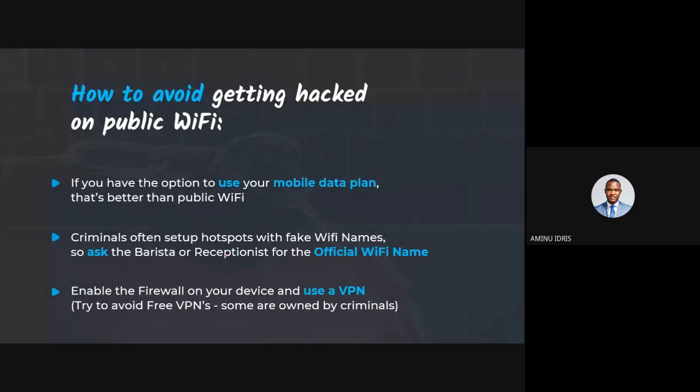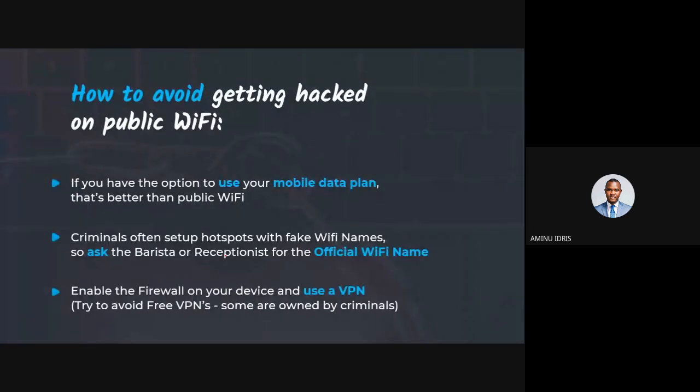In places like airports, the hacker will just be sitting somewhere you cannot see him and create a Wi-Fi, then change its name to the name of the organization, so that the moment you open your phone, you see Wi-Fi available, created by this organization. You say, let me connect to it because it's free, and you use it. That is not helping yourself.